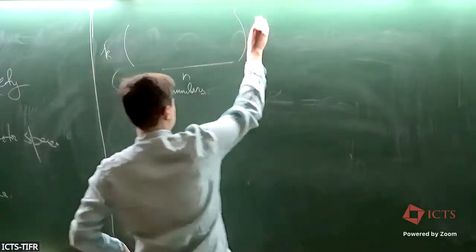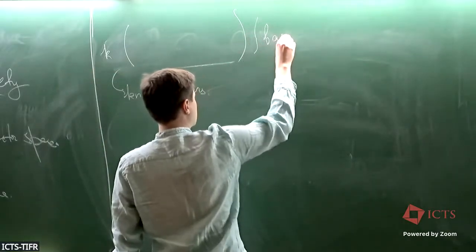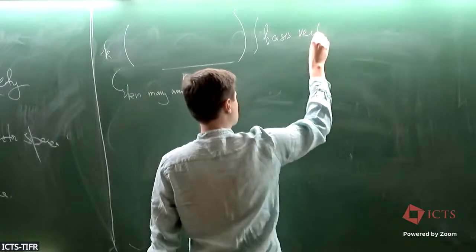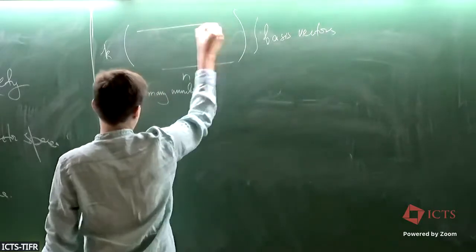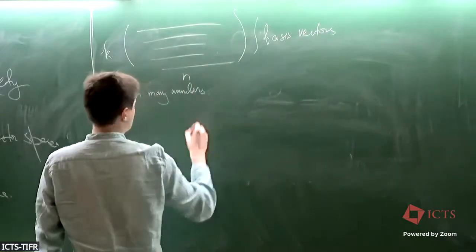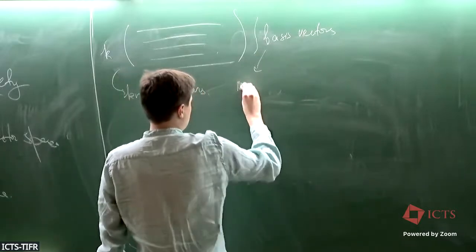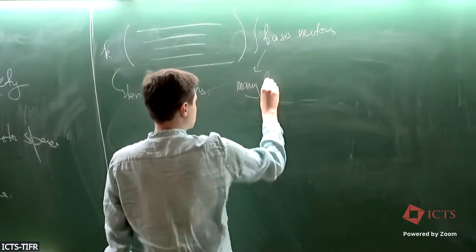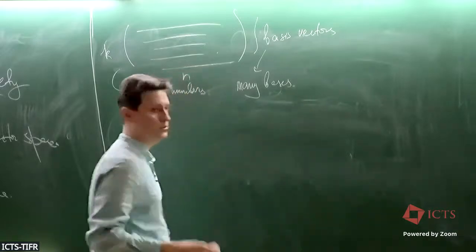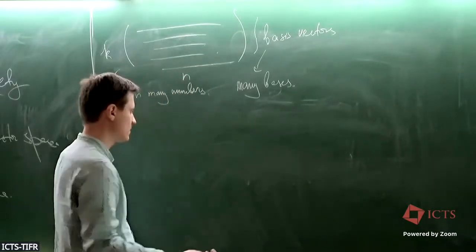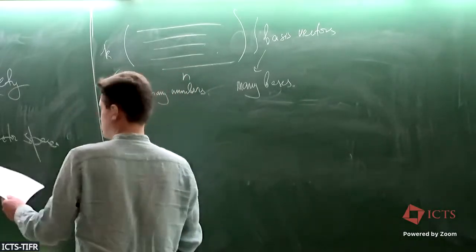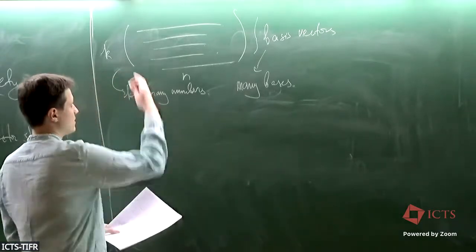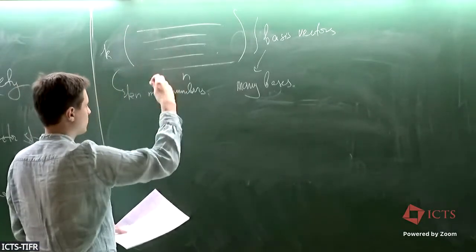So this is supposed to be basis vectors written along the rows of this matrix. So there are many bases, but we want in the end to get a unique point in the projective space representing our subspace, and the correct way to do this is by taking a look at the maximal minors.